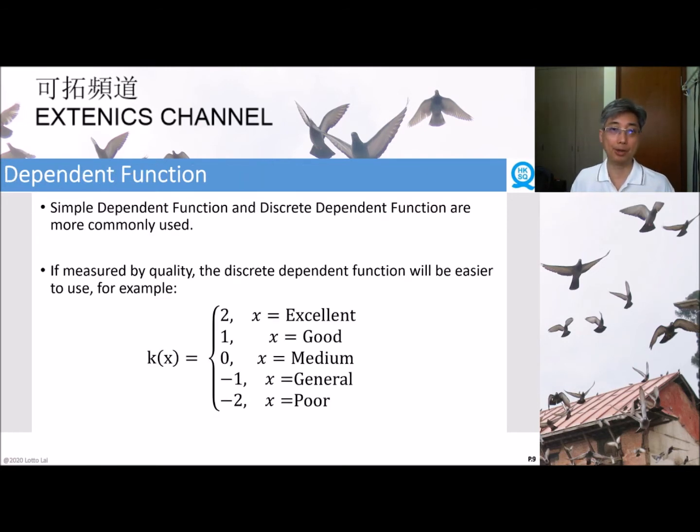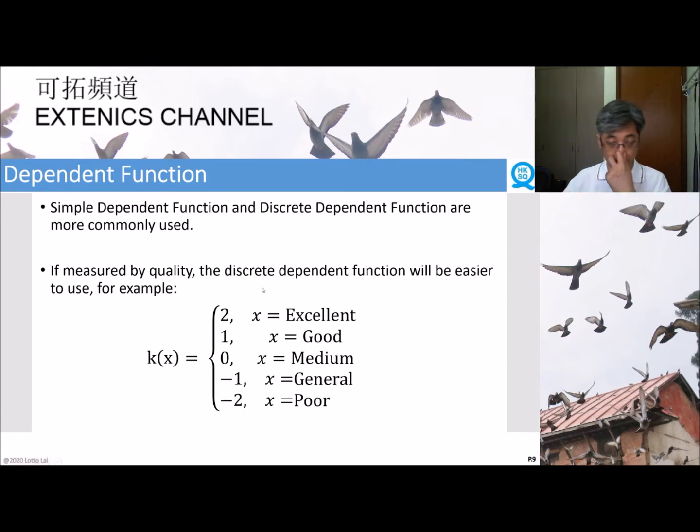So we expand more on the dependent function. The simple dependent function and the discrete dependent function are the two most commonly used, even though in extension there are many different functions, but they are more complicated. If measuring by quality only, the discrete dependent function is easier to use.